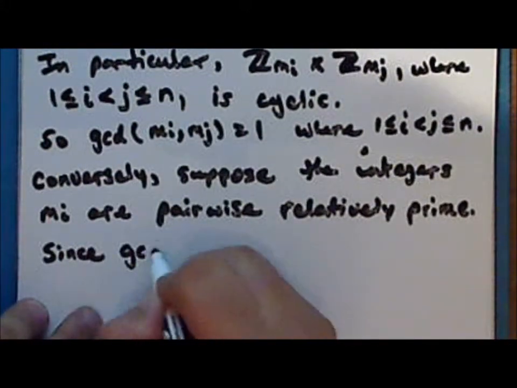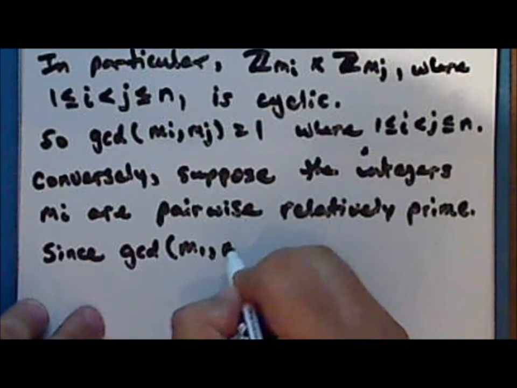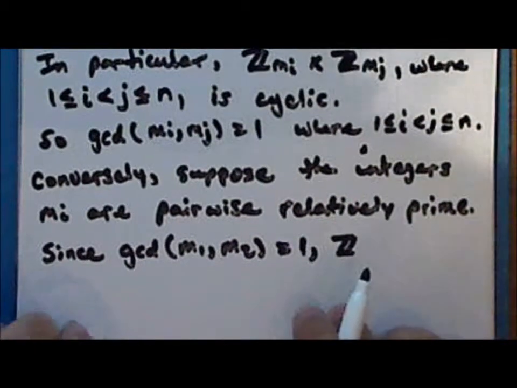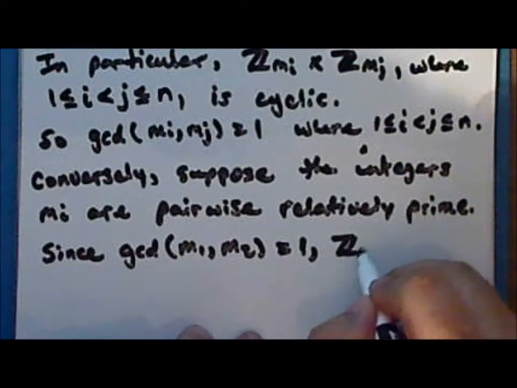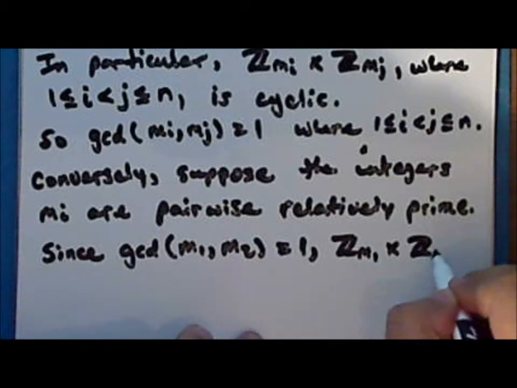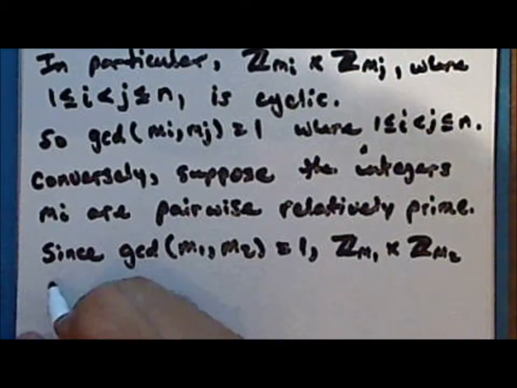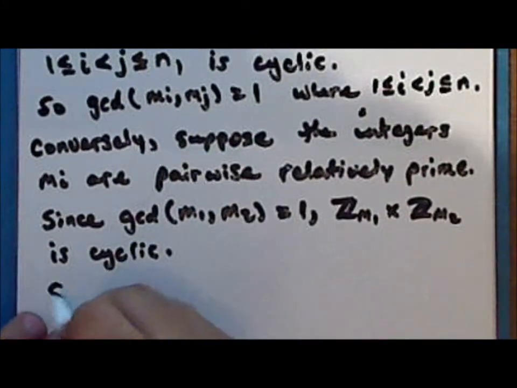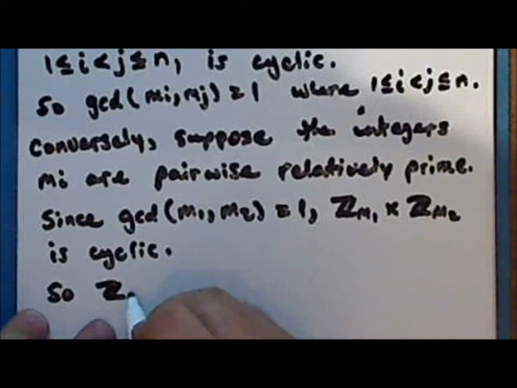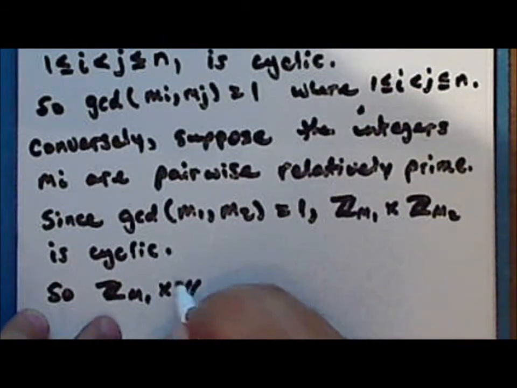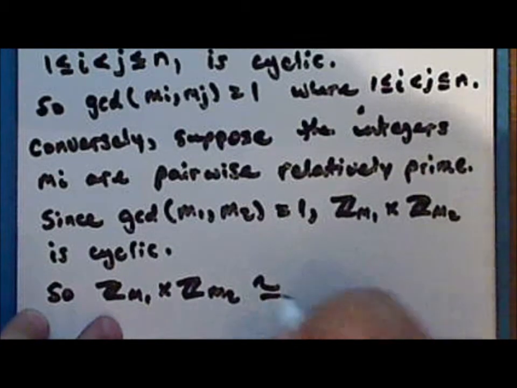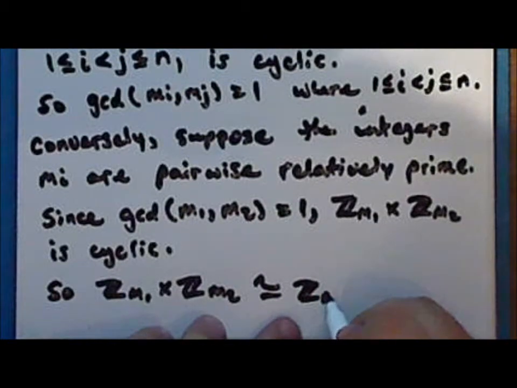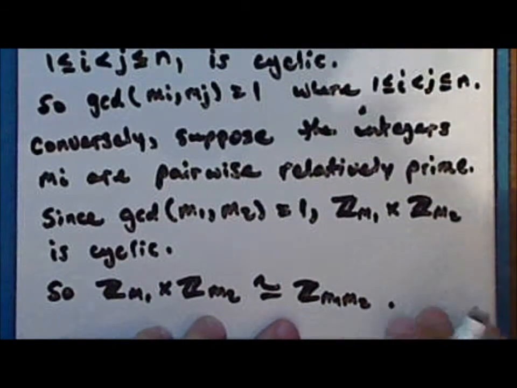Since the greatest common divisor of m1 and m2 is equal to 1, the direct product of the integers modulo m sub 1 with the integers modulo m sub 2 is cyclic. And so this product, the integers modulo m sub 1 times the integers modulo m sub 2, is isomorphic to the integers modulo m sub 1 times m sub 2.